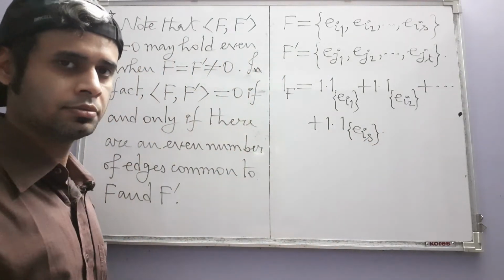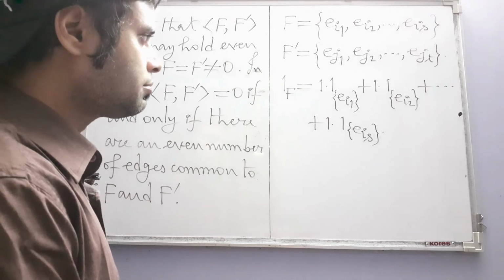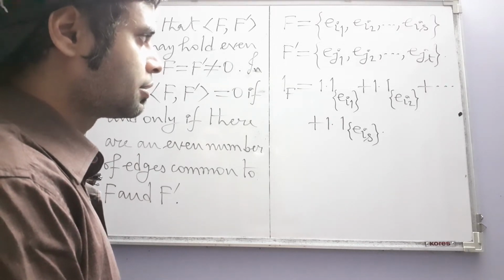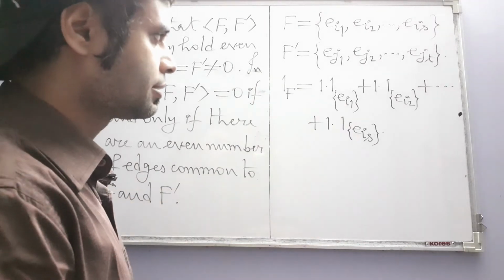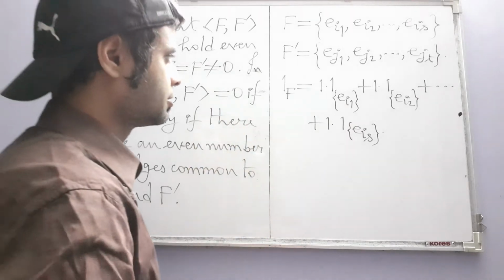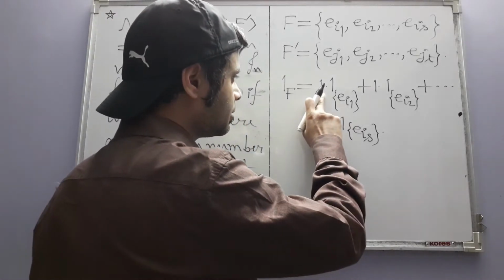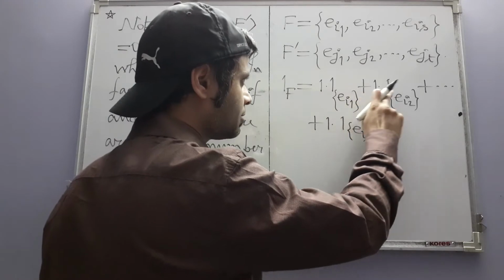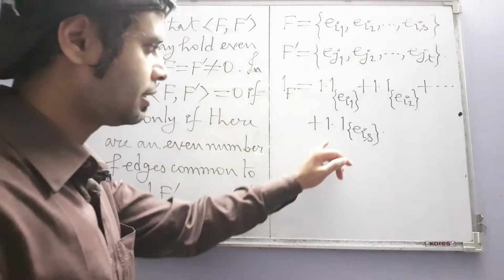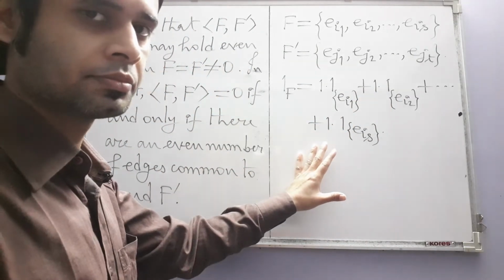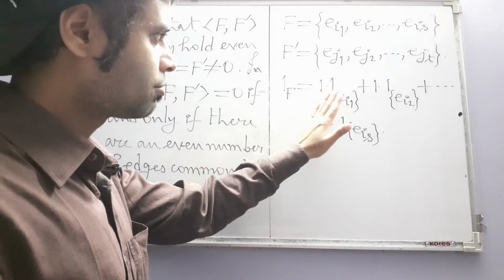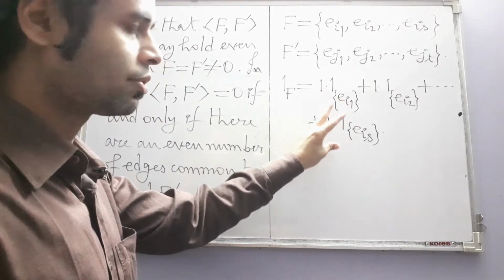Why? That's because if you look at the right hand side, what do we have? We see that on the right hand side we have the coefficients 1, which I have written explicitly. We also have coefficients 0, which I have not written.